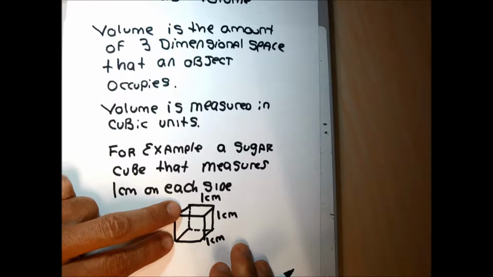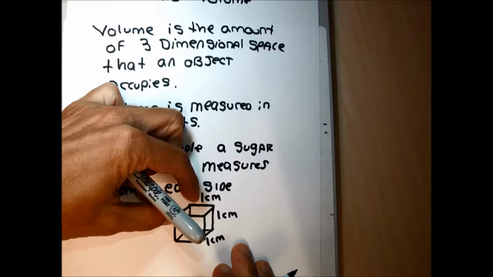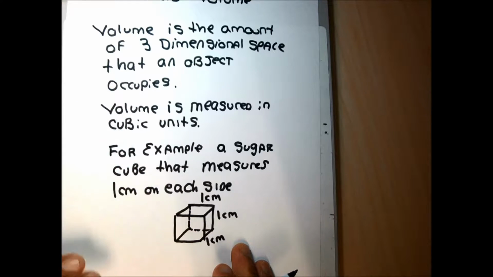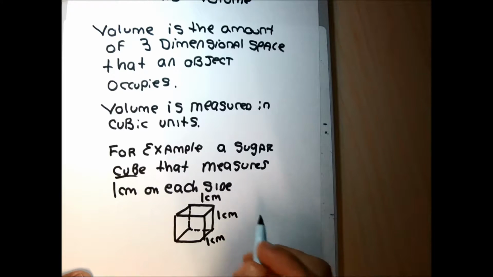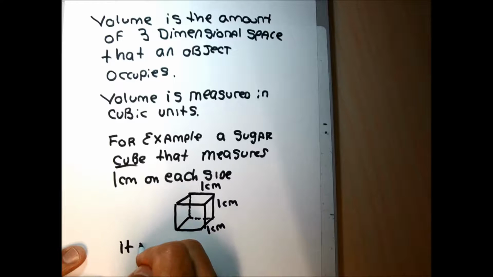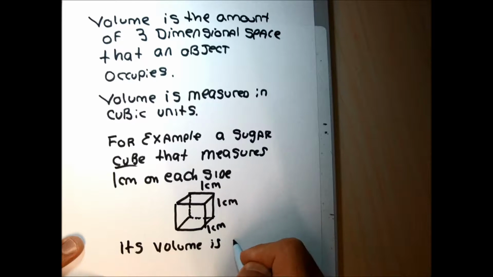The name of this shape, when you have a three-dimensional object that has all straight line sides and each of the faces is a square, is called a cube. So this is a cube. The shape of a sugar cube is a cube, makes sense, and its volume is 1 cubic centimeter.